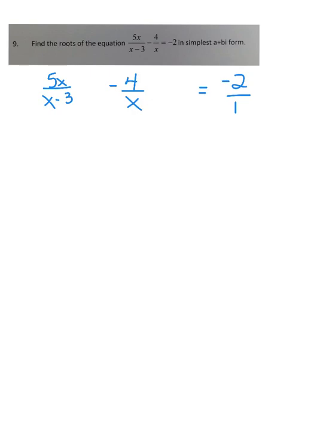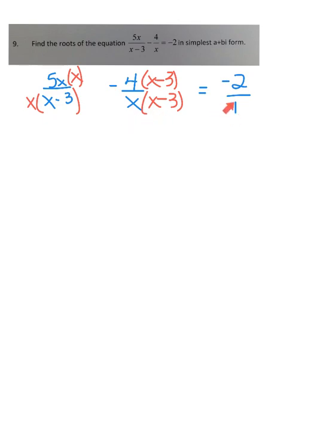So I see that my first denominator is going to need an x, and so will the numerator, right? Because what you do to the denominator, you need to do to the numerator. Now, if I look at my second fraction, well, that needs an x minus 3 in the numerator and denominator. So let's just stop for a second. Do you see this denominator here matches this denominator here, which is what we want.